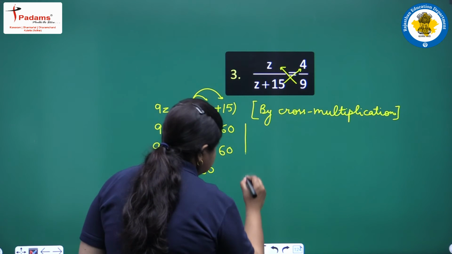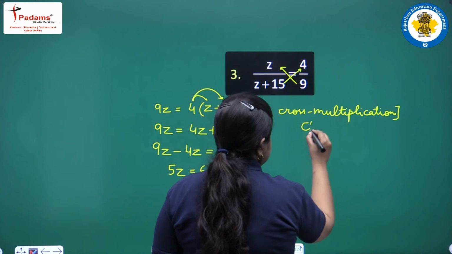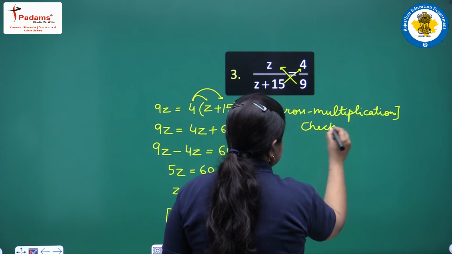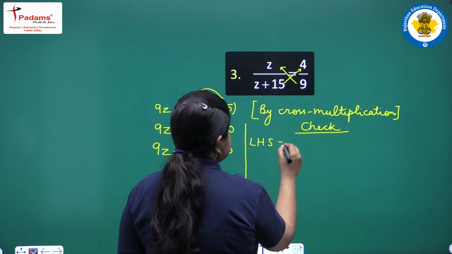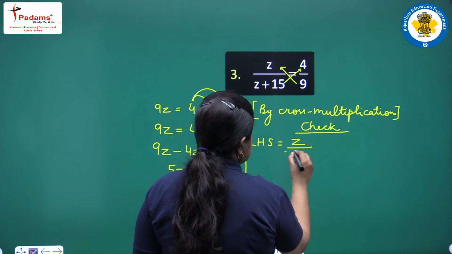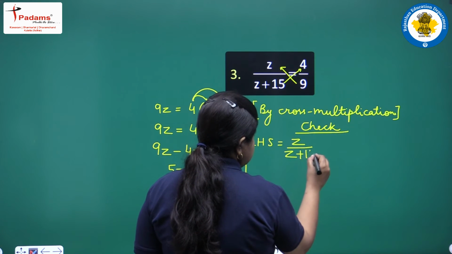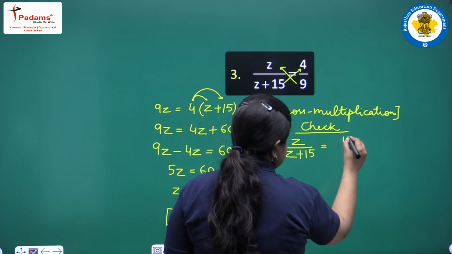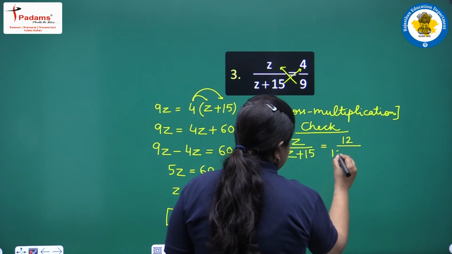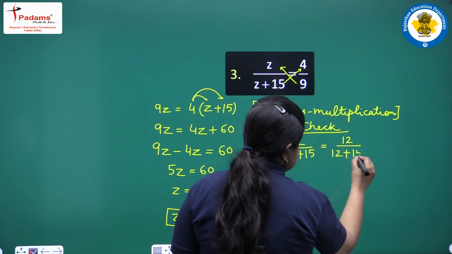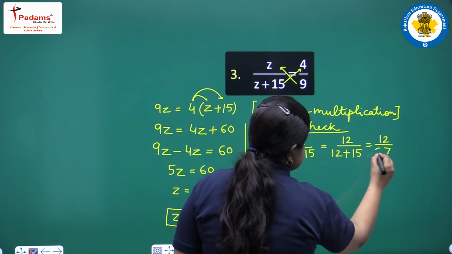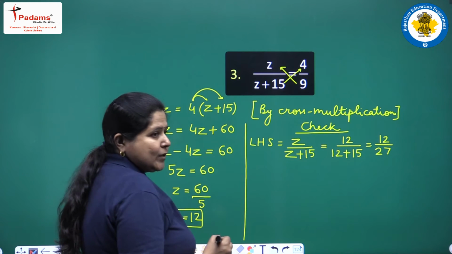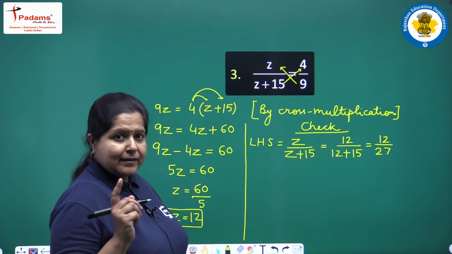Let us do this one. Let us check it. We will substitute this value in LHS. We have z/(z + 15). Z is 12. So, 12/(12 + 15). This is equal to 12/27. Both the numbers are divisible by 3.